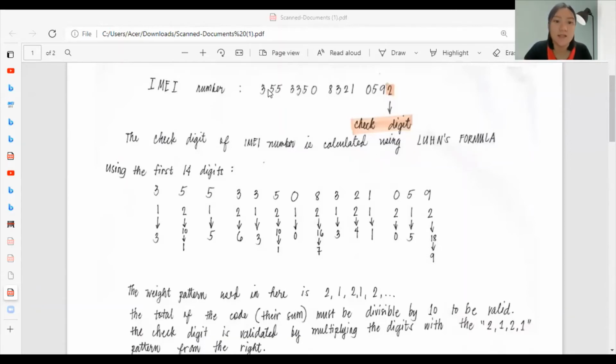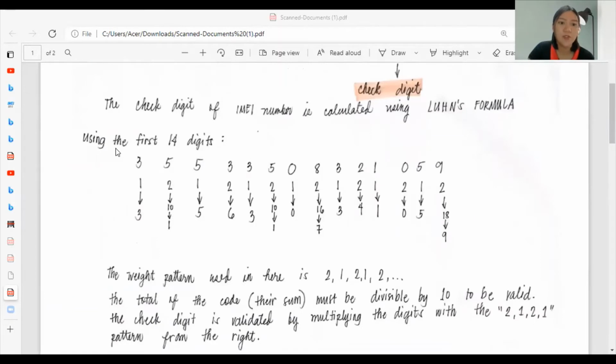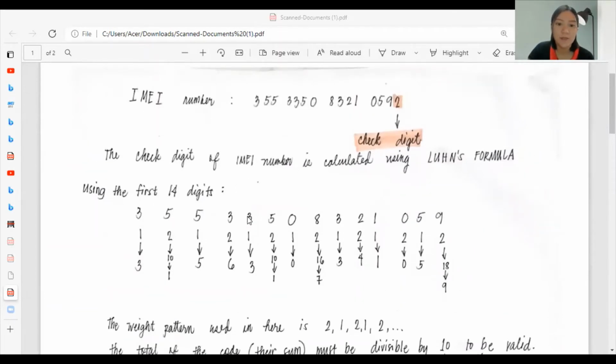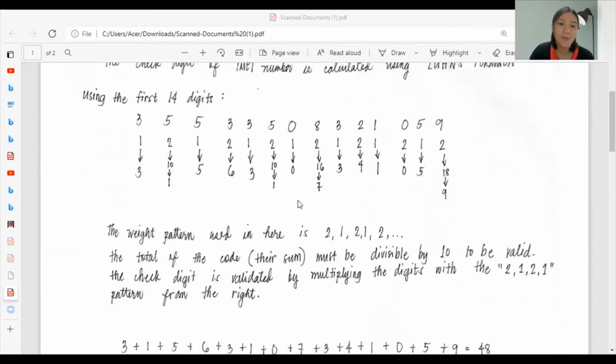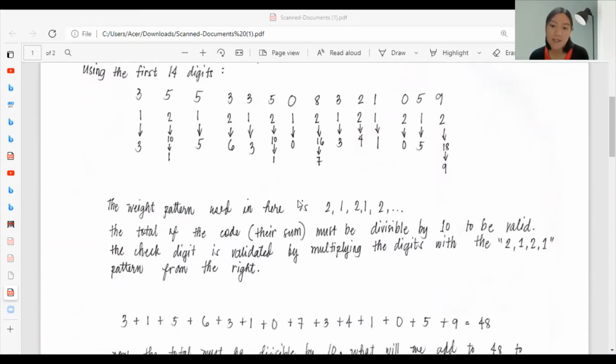By the way, this is the IMEI of my mobile phone and I just copied it. We're going to use the first 14 digits, which is 35335083210059. The weight pattern that is used here is 2121. And the total of the code, or their sum, must be divisible by 10 to be valid.